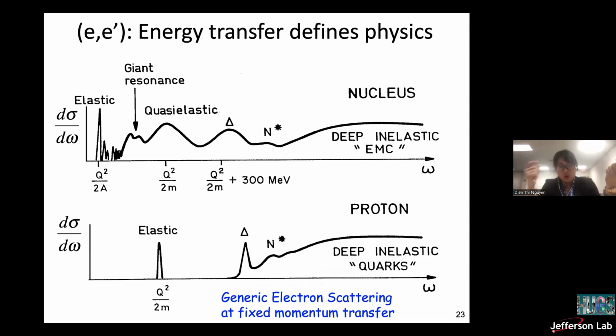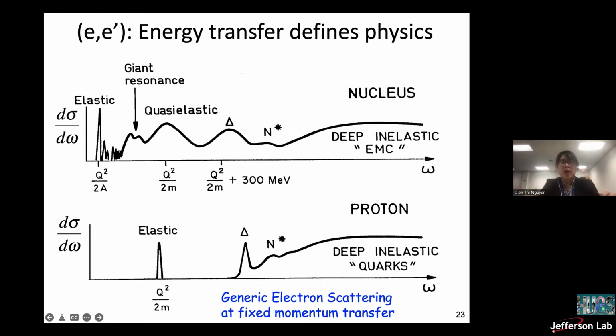The first is what type of channel, what type of measurement we are making. That depends on which final particles you detect, like E prime here. But for a given measurement, it will depend on different physics. Even in E prime P, when you change omega, you will probe different types of physics.